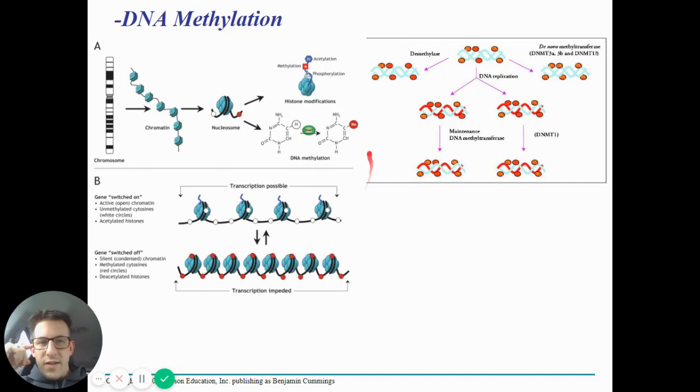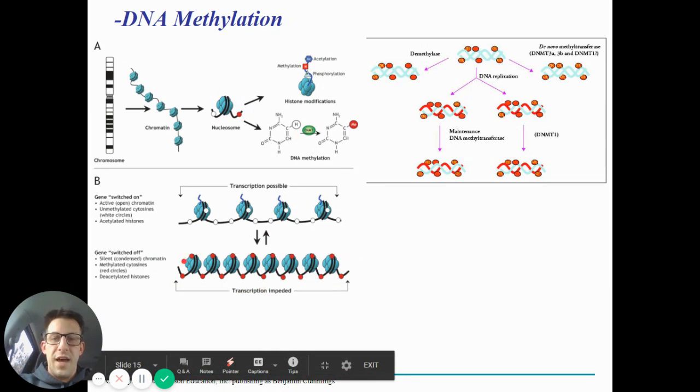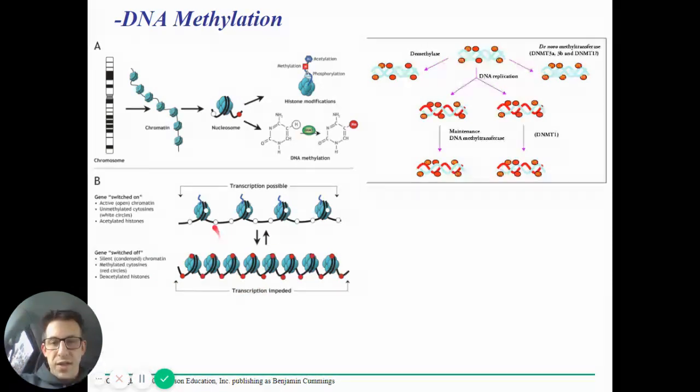And when we add these little red methyl groups, that's what we see here. When we add these little red methyl groups to the DNA, what it does is it causes these guys right here to kind of ball back up. Okay, you see how they're kind of expanded and then they crunch back down, and then they actually get locked in place like that. So what this does is this causes that DNA, there's no longer a stretch of DNA.